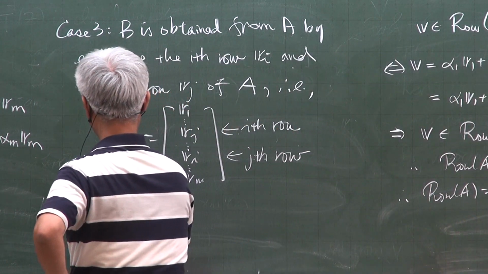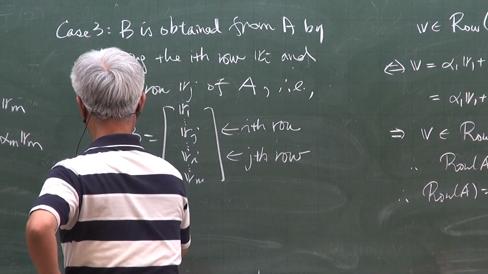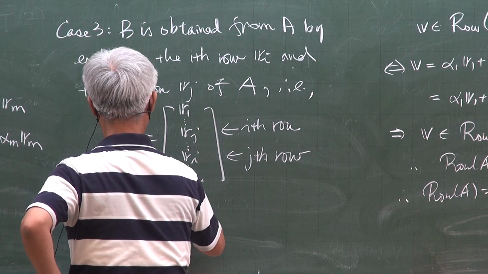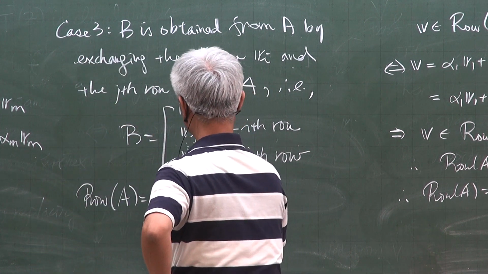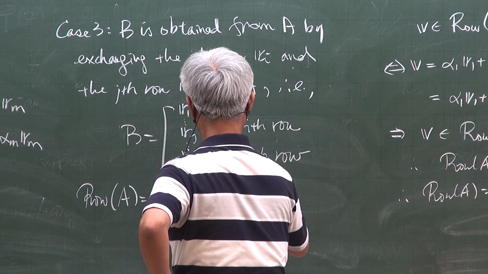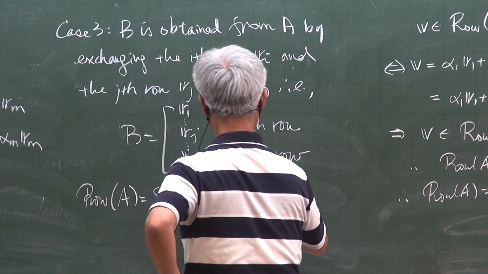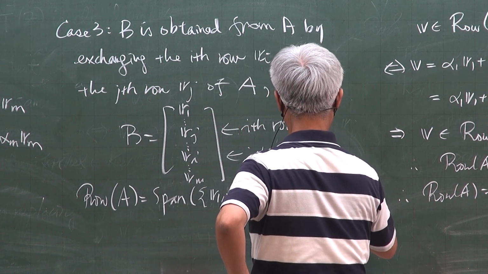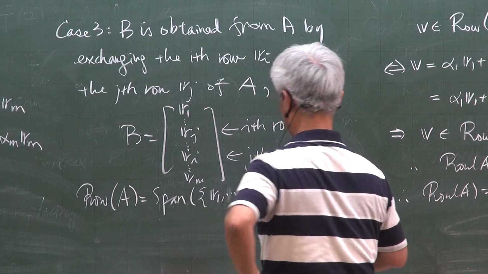But the row space of A is, by definition, the span of the set {R1, ..., Ri, ..., Rj, ..., Rm}. Okay?